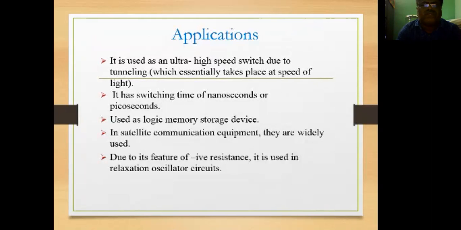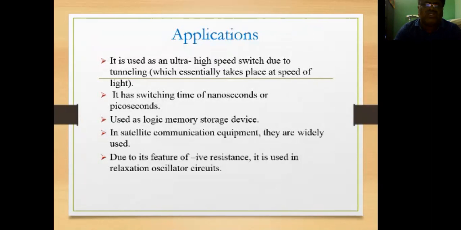Applications. It is used as an ultra high speed switch due to tunneling, which essentially takes place at the speed of light. If you want that speed, tunnel diodes are used. It has a switching time of nanoseconds or picoseconds, very fast responding.